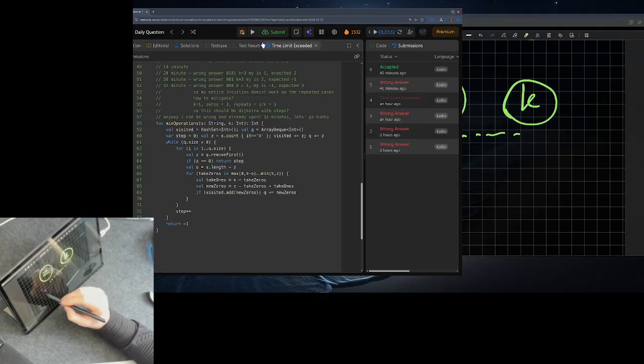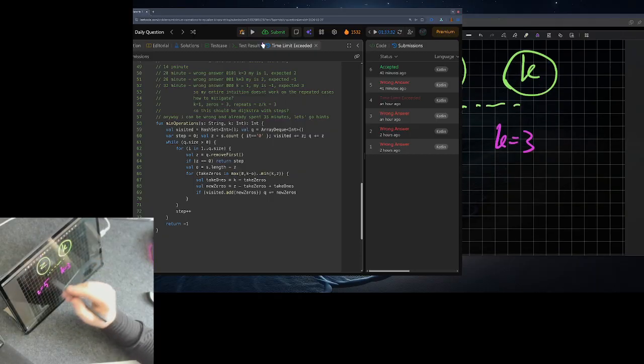Now the first property is, imagine the number of zeros is 5, k is 3. What other states can we have?